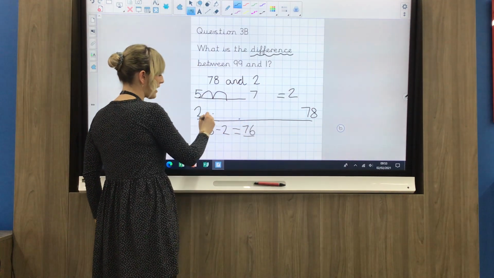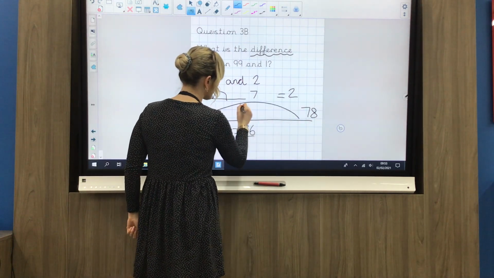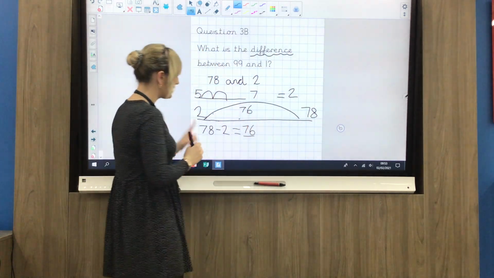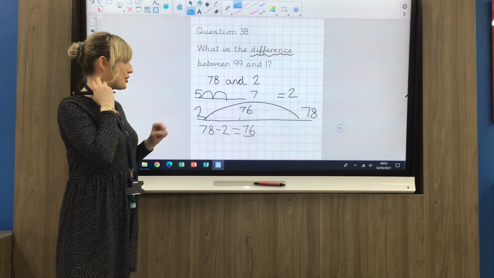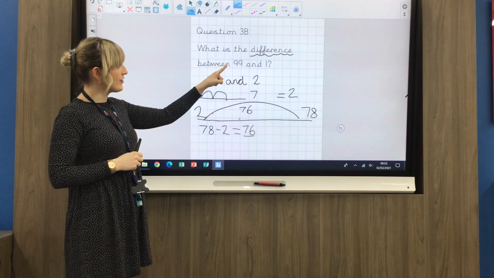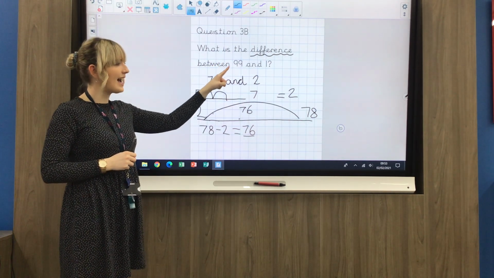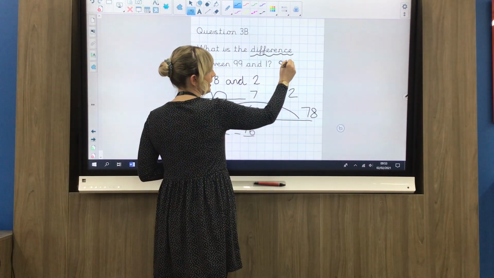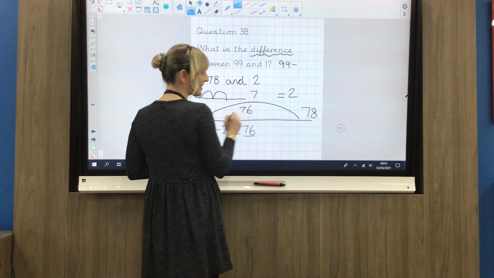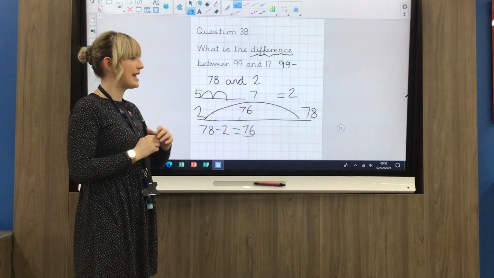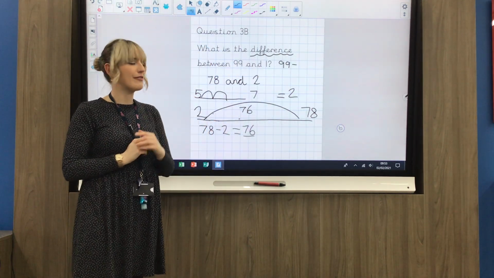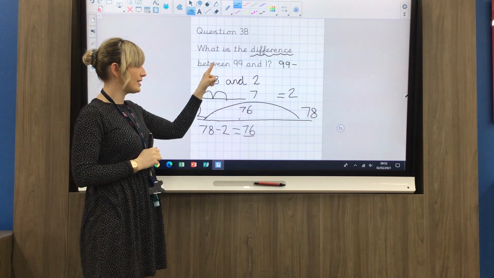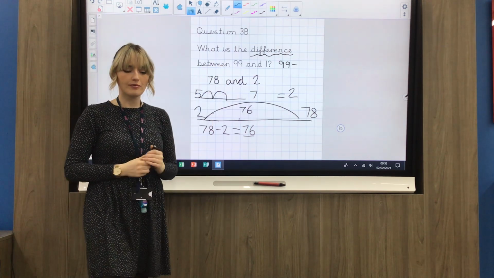So I know I'd have to jump 76 to get to 78 from 2. So if you're finding the difference between 99 and 1, you can go 99, subtract. I'm not going to write what that number will be, you can do that for me. So what's the difference between 99 and 1?